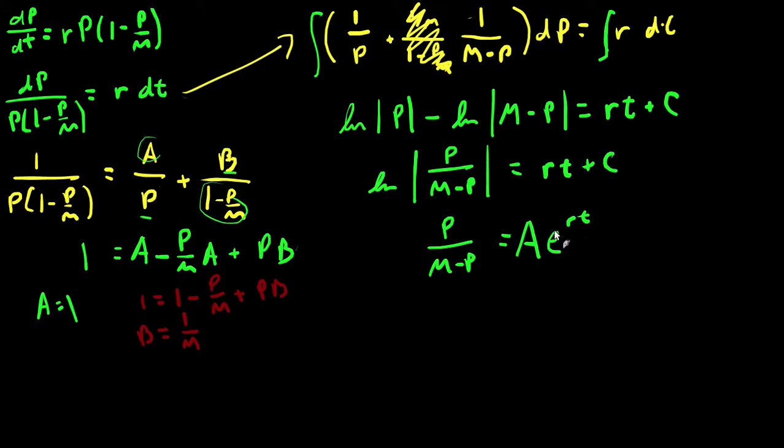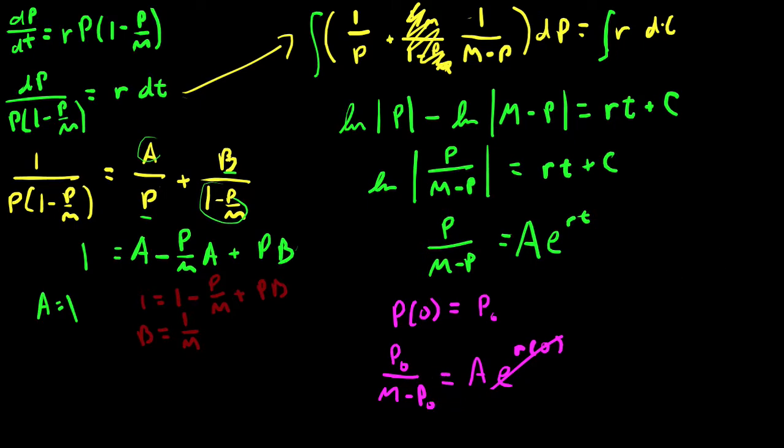And now I'm going to put in the fact that the population at time 0 we will represent as P naught. So I know that P naught over (M - P naught) equals A e to the r times 0. r times 0 is 0, e to the 0 is 1, so this is A.